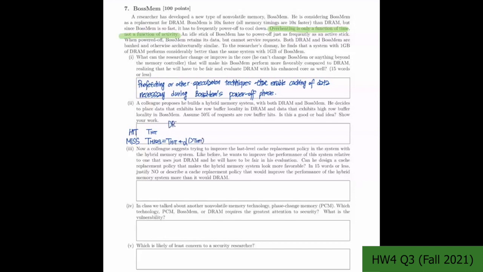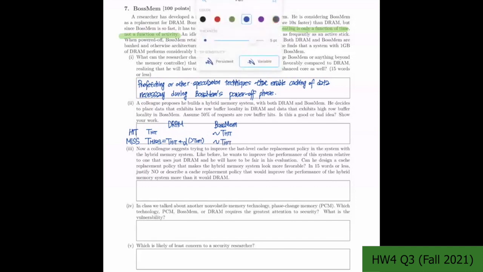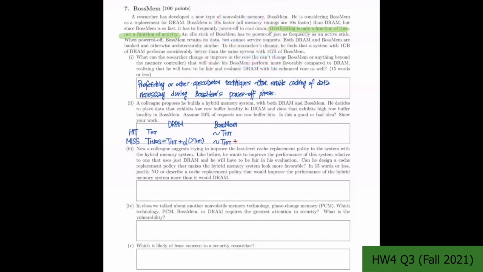So this is DRAM. And when it comes to BossMem, as explained in the question, BossMem is architecturally similar to DRAM. So its row hit latency should also be comparable to T hit, right? On the other hand, as its timing parameters are 10 times shorter than those of DRAM, its row miss penalty, which is alpha, should also be 10% of that of DRAM, right?